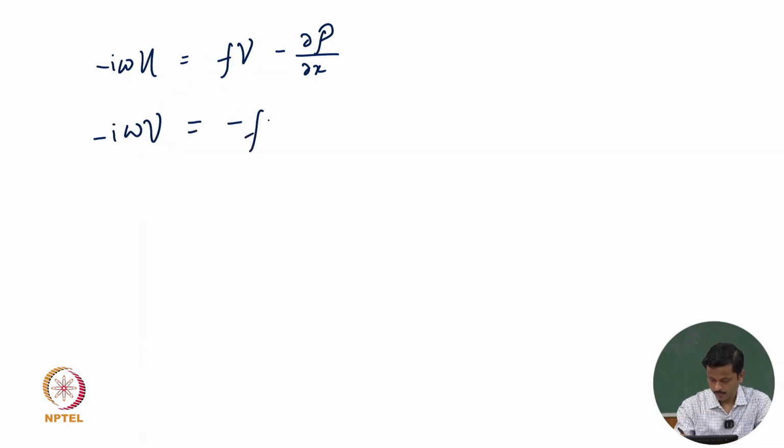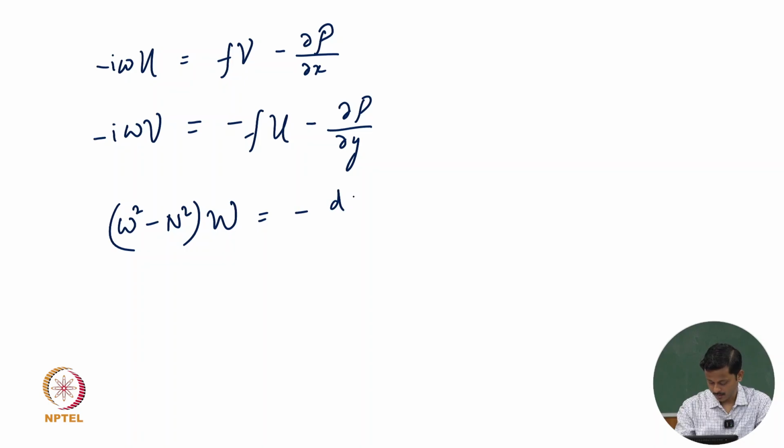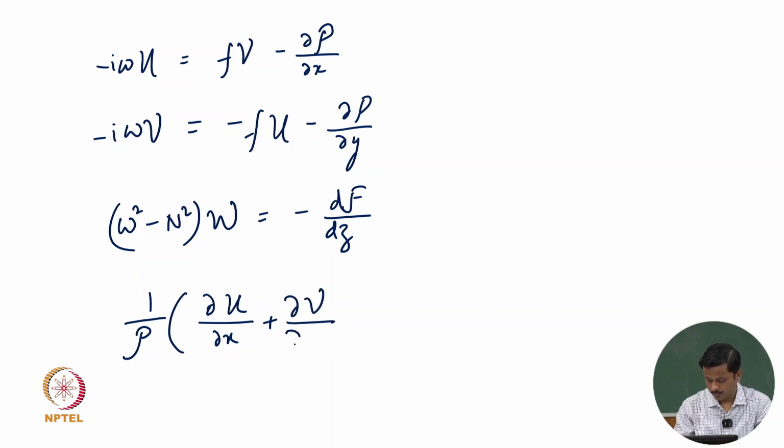So this is not new, but this is minus i omega script v is equal to minus f u minus del script p del y, omega squared minus n squared script w is equal to minus del script f by del z, and 1 by script p, del script u del x plus del v del y is equal to minus i omega script f.